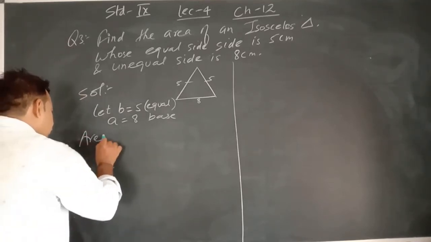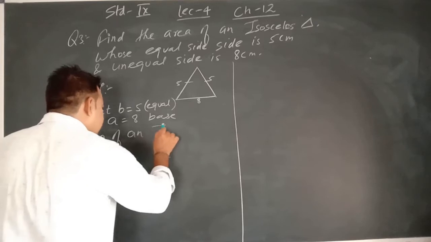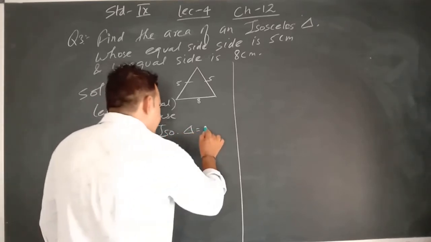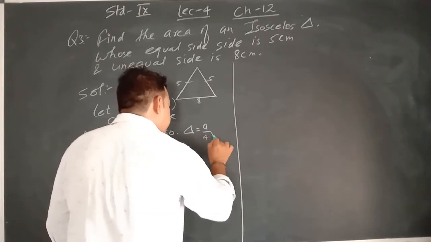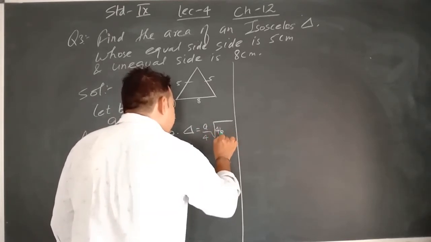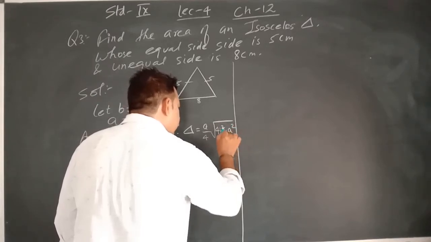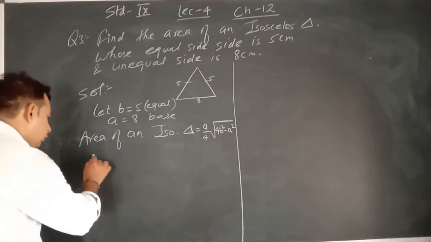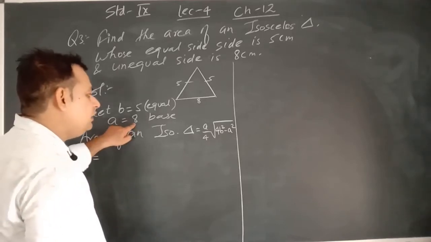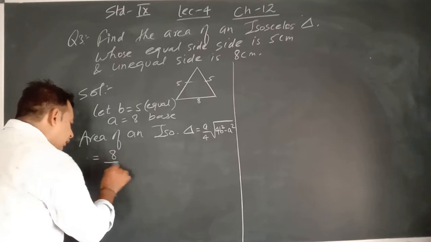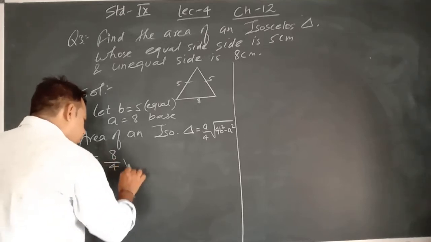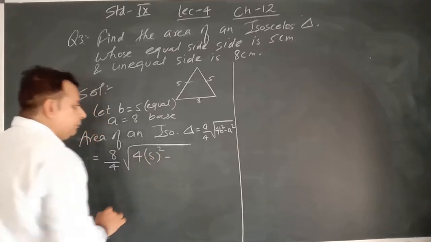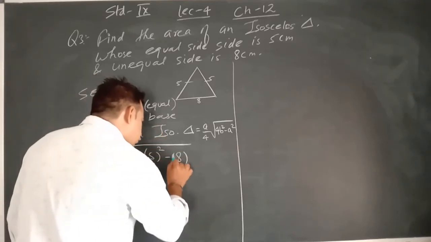So area of an isosceles triangle equals A upon 4 root over 4B square minus A square. This is the formula of an isosceles triangle. Now you can clearly see over here, A is 8. I am putting the value: 8 by 4 root over 4 into 5 square minus 8 square.